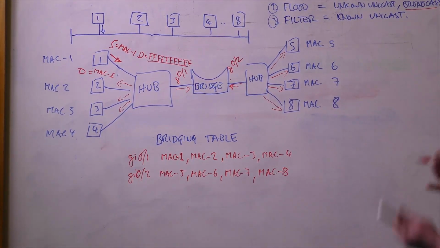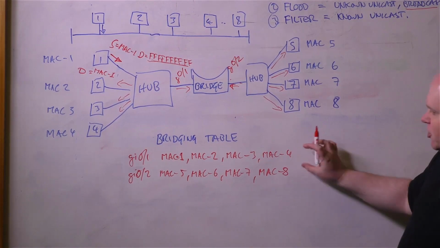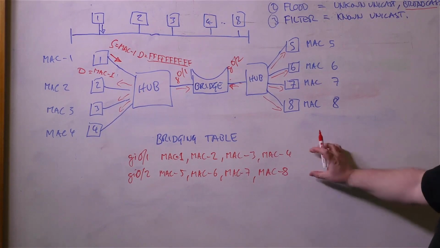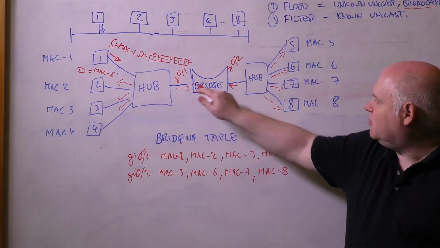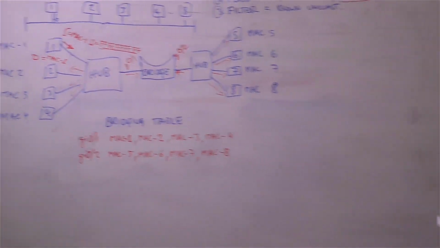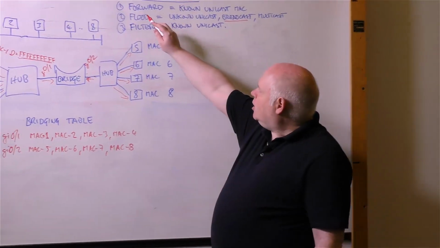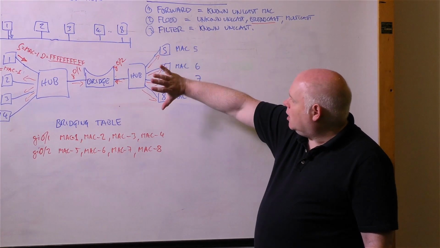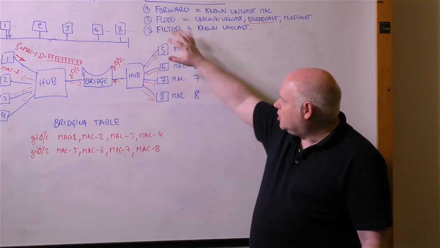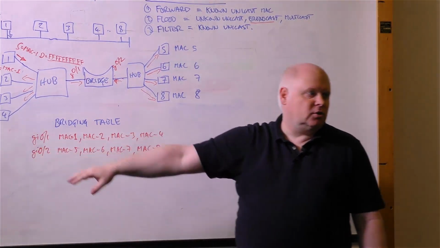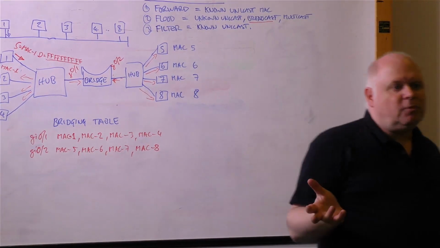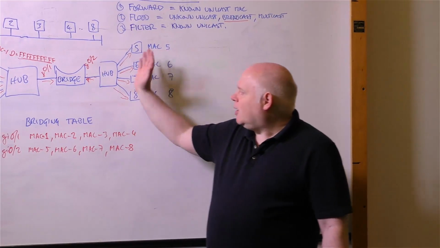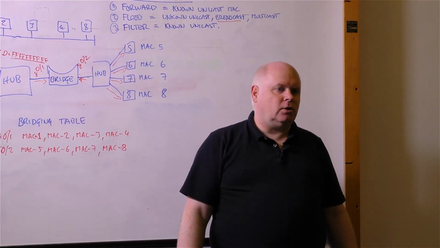So the bridge learns where MAC addresses are and stores that information in the bridging table. All of these MAC addresses are associated with specific ports. And because it knows that, any traffic that would be contained inside one segment can stay there. It doesn't have to go across to the other side, which gives you a performance benefit because a lot of that unnecessary traffic is being kept off parts of the network that it doesn't need to be on.